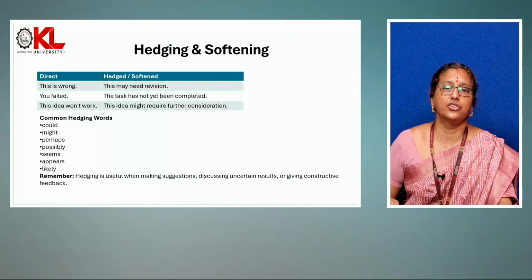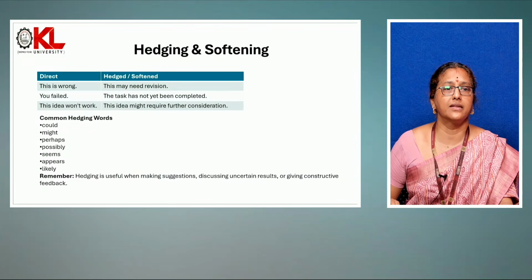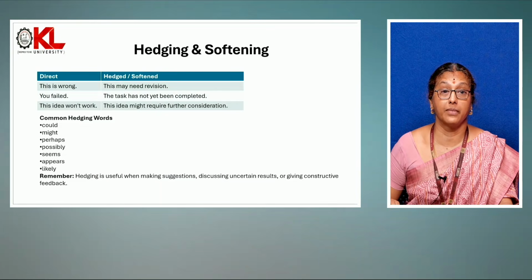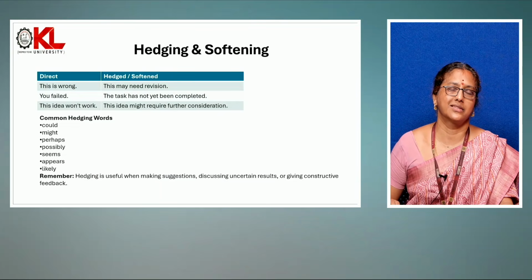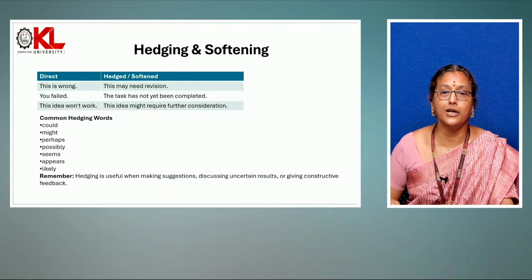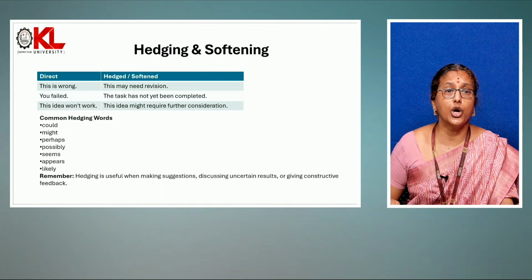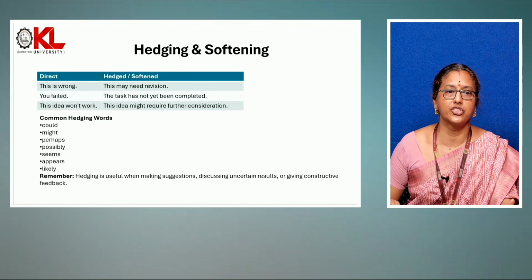Hedging and softening. Directly, this is wrong. You can soften it by this may need revision. You failed is very hard to listen. Instead, the task has not yet been completed. This idea won't work. Instead, you can soften it or you can make it more polite. This idea might require further consideration.